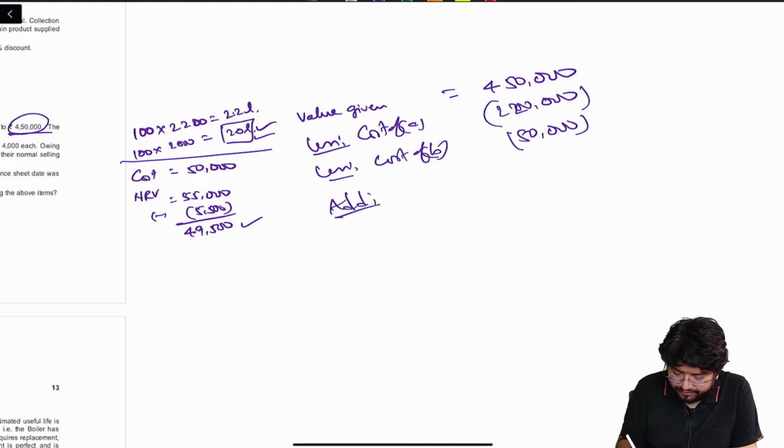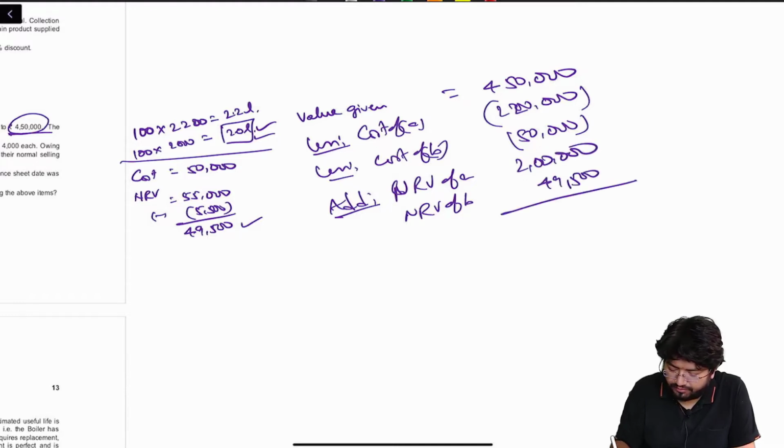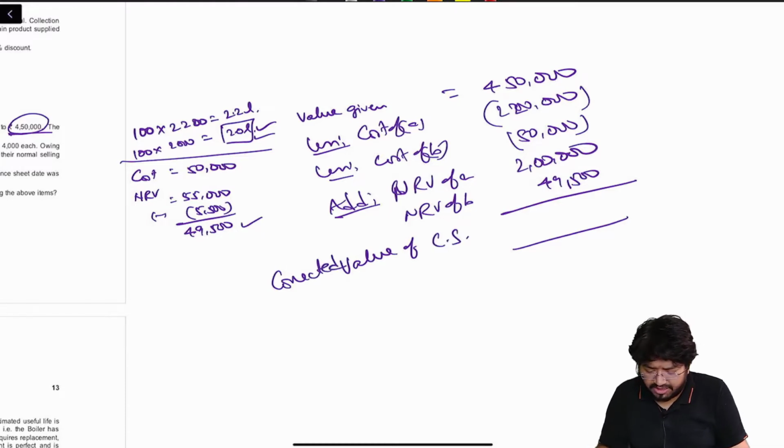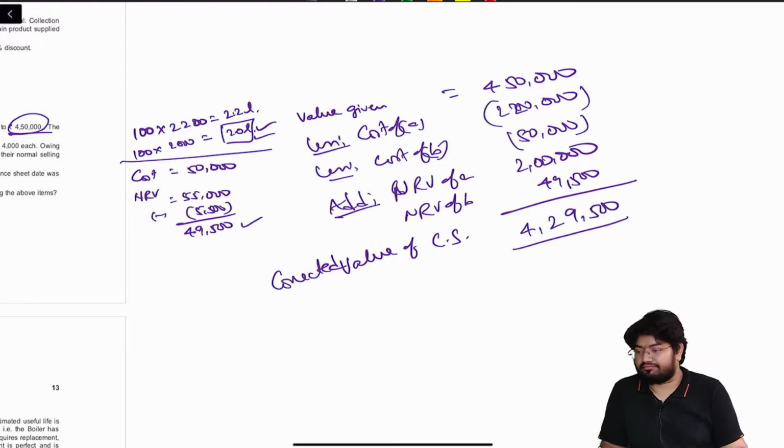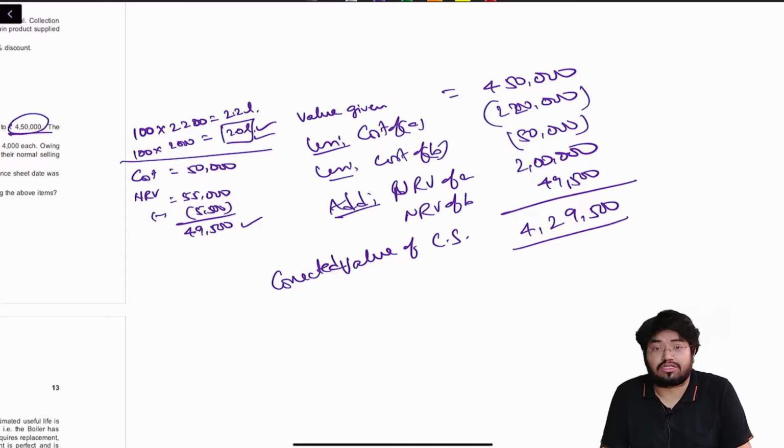Add NRV of A, NRV of B. Both are supposed to be added at 2 lakh rupees and 49,500. So finally what you get is your value of closing stock, or you can mention it as corrected value of closing stock. How much does it come to? 4,29,500. So this is what you are supposed to do in this problem.